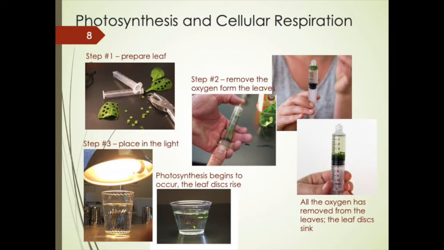So this is the leaf disc experiment. In the leaf disc experiment, you punch holes in the leaf, you remove oxygen from the leaves, you place it in this tube, in this syringe. Basically, to remove oxygen from the leaf, you just inundate the leaves with water, and then you place the leaves in this bicarbonate solution, and then you place them in light.